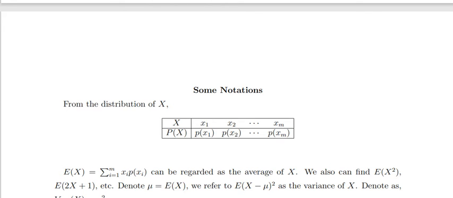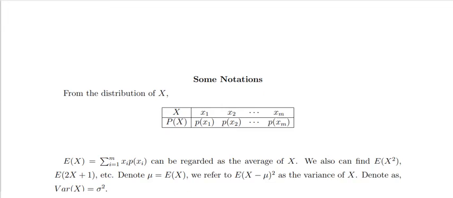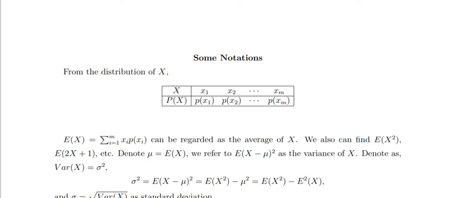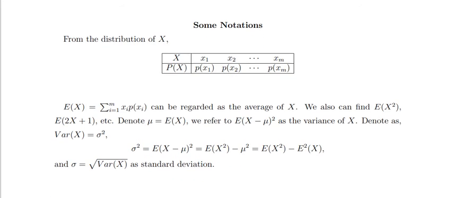So from the distribution, we can find the mean, or find the expectation, we say. Sorry, mean is another name for this. So this is the expectation. We can regard this as the average: x can be this number, can be that number.